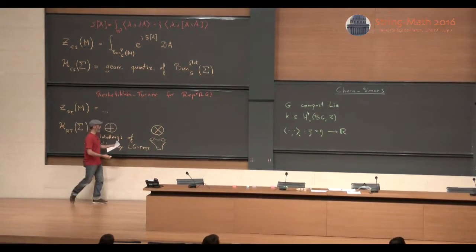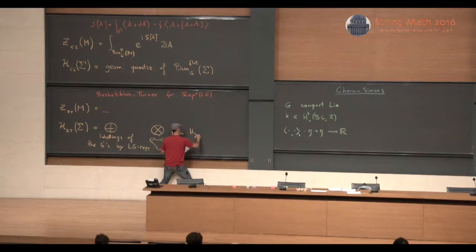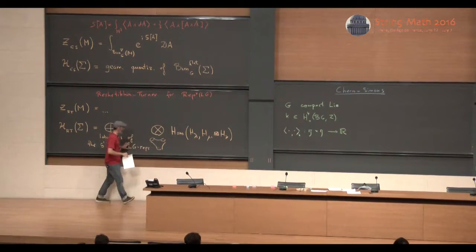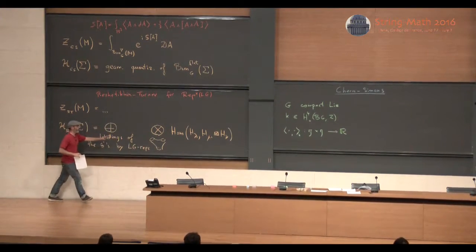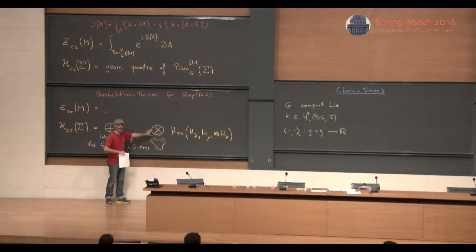And then finally, you write the following finite dimensional vector space, Hom from... So lambda, mu, nu are indices for the objects of this thing. These have been labeled because of this step. And then you have this vector space, which is finite. So it's a finite direct sum of finite tensor products of finite dimensional vector spaces.